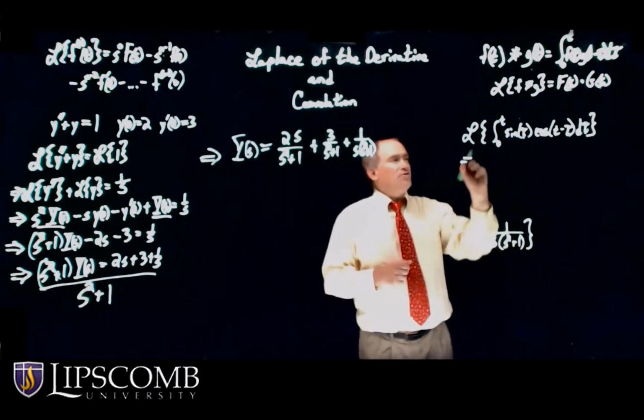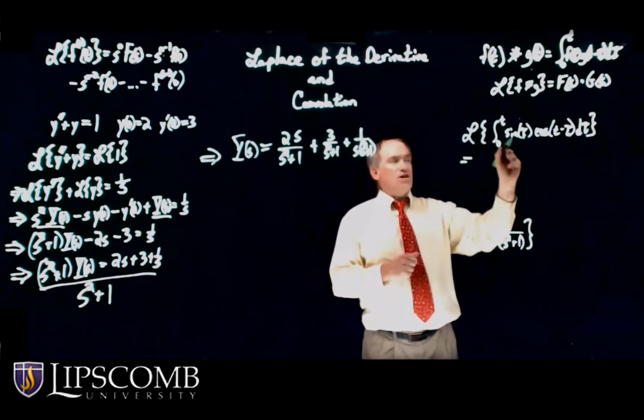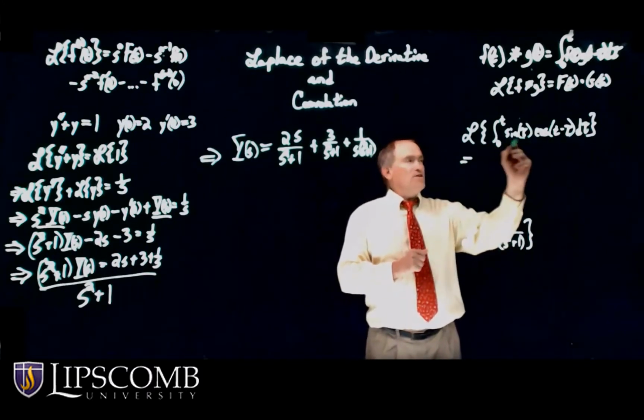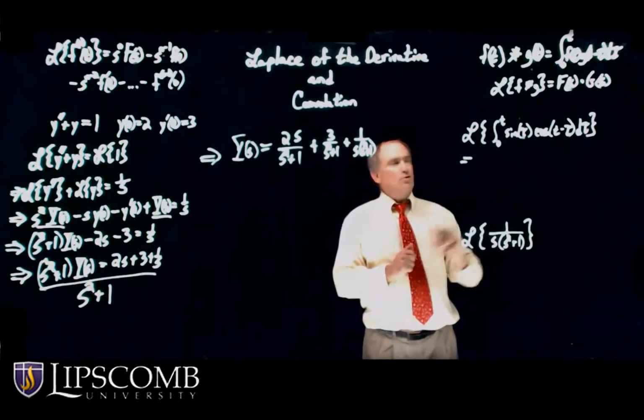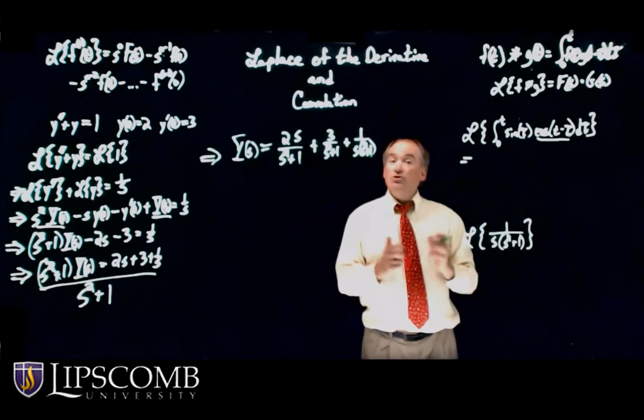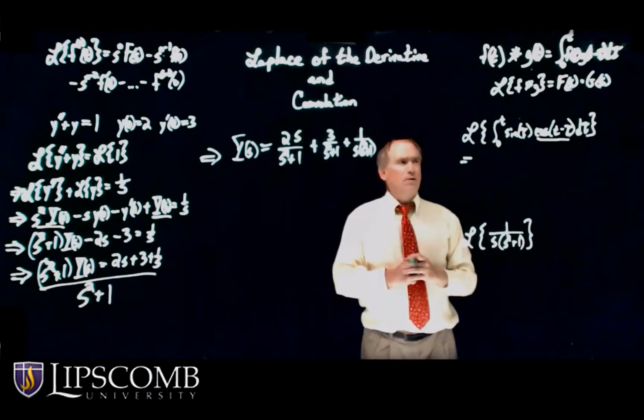The Laplace of the integral from 0 to t of sine of tau, cosine of t minus tau, d tau. Now this integral would be very hard to do because I'd have to know some sort of trig identity to do cosine of t minus tau.